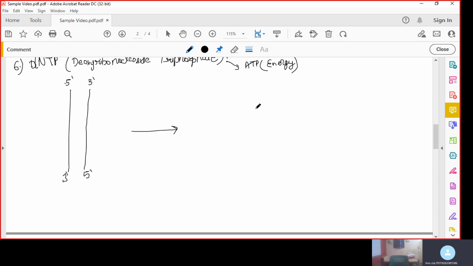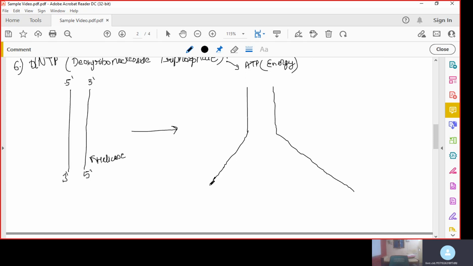Now consider helicase here. Helicase comes and binds here, and what happens? This Y-shaped replication fork is formed.